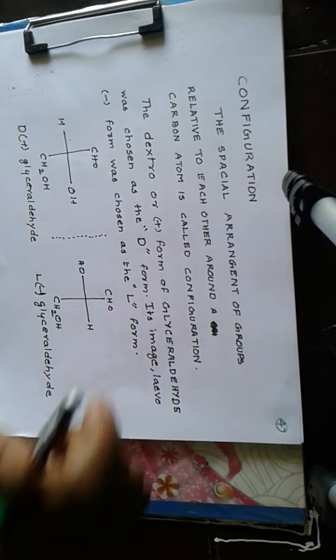Now there is another aspect called configuration. Configuration represents the relative arrangement of groups in a molecule in space. So configuration represents the direction of various groups around a carbon atom in space.